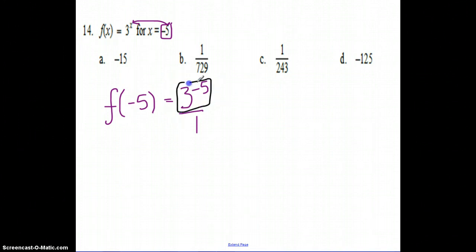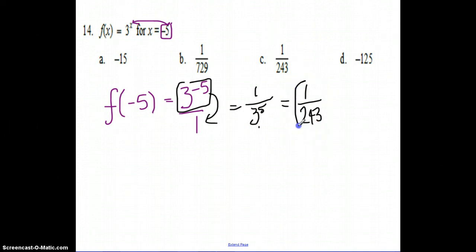And this value is going to have to go to the bottom to get rid of that negative exponent. Now, in this problem, 3 to the 5th isn't completely done. Anything you can simplify, they're expecting you to. So if I did 3 to the 5th, that would be 243. I'm going to put 1 on the top. That keeps everything in the bottom. So this is going to be my final answer, which means that my answer is C.